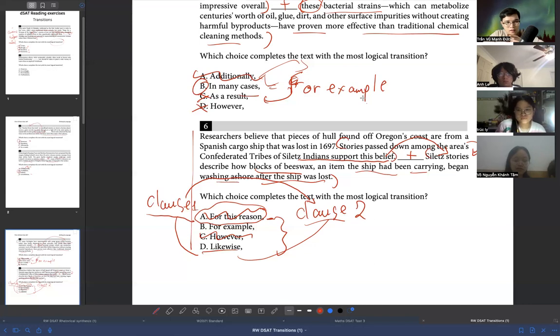It's very apparent, it's basically what the word says, likewise. If I put "likewise" in between two sentences, what will be the relationship between these two?